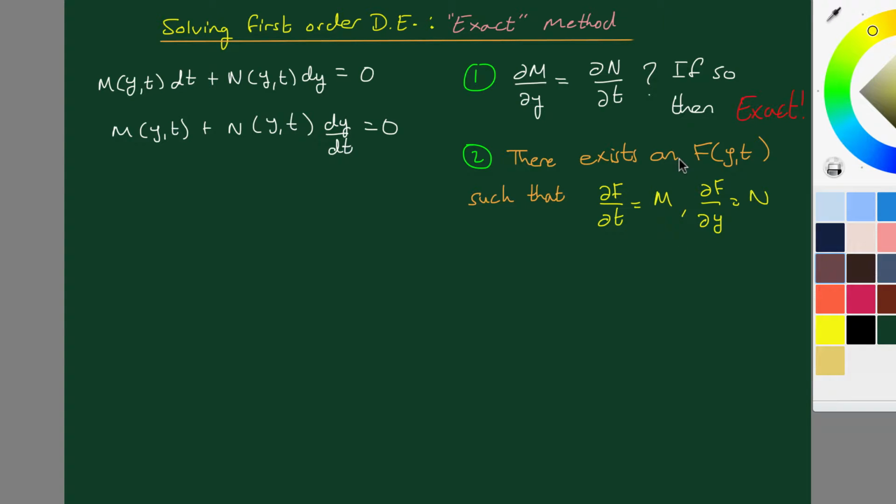If you have a function F of y comma t, let me write it here, F of y comma t, and we take the derivative of F with respect to y first. So let's do dF/dy. Alright? So we could write this in shorthand as F sub y. Right?